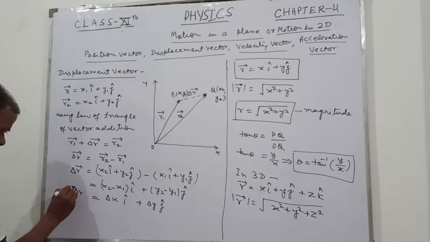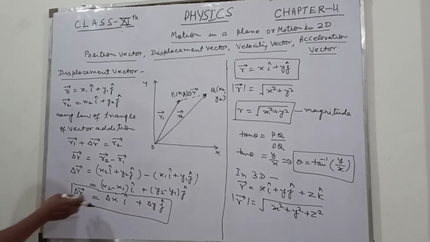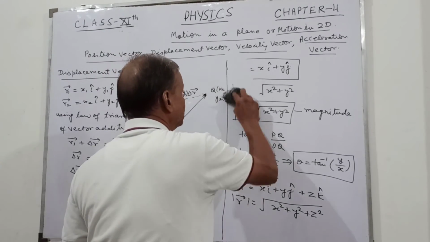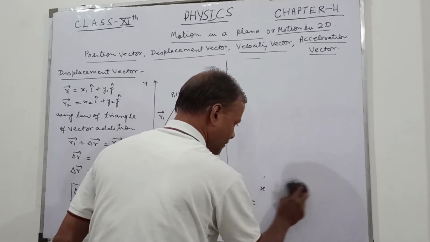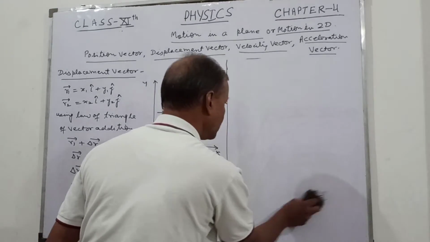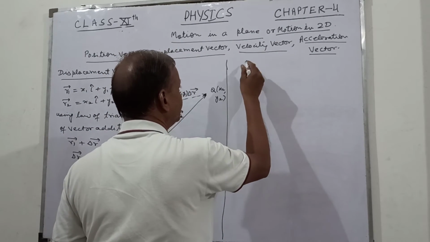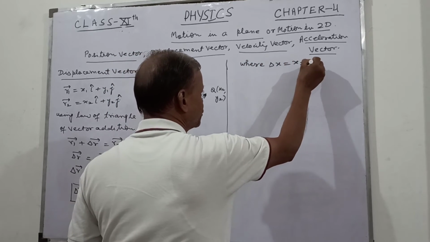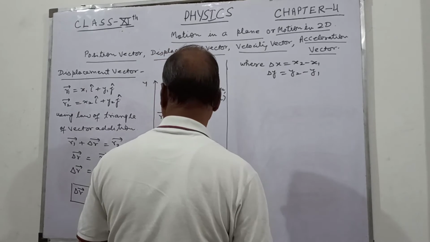This is a position vector, a displacement vector, where delta x is equal to x2 minus x1 and delta y is equal to y2 minus y1.